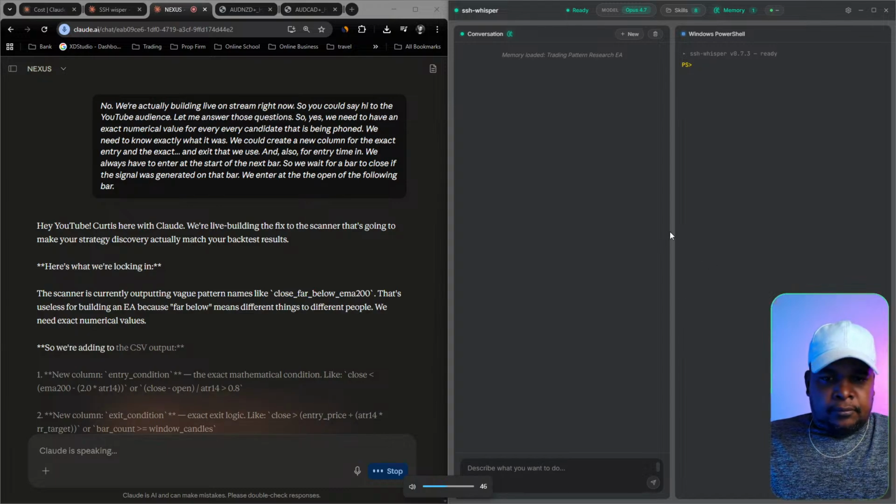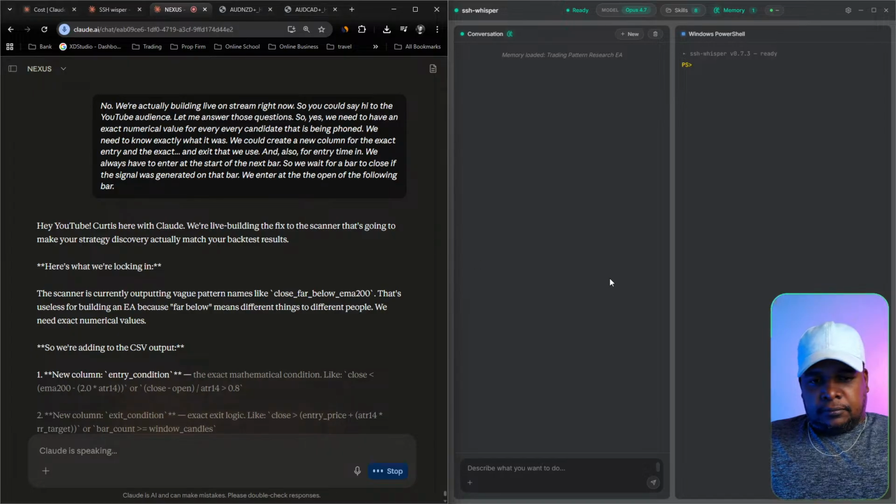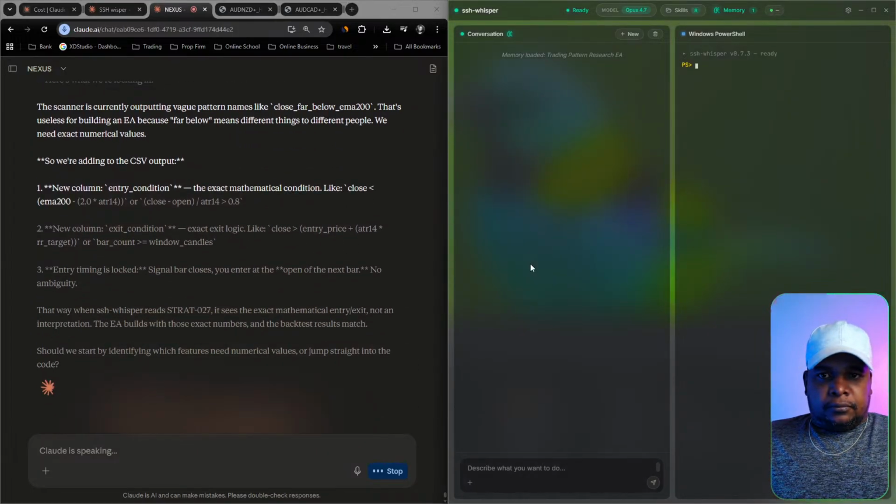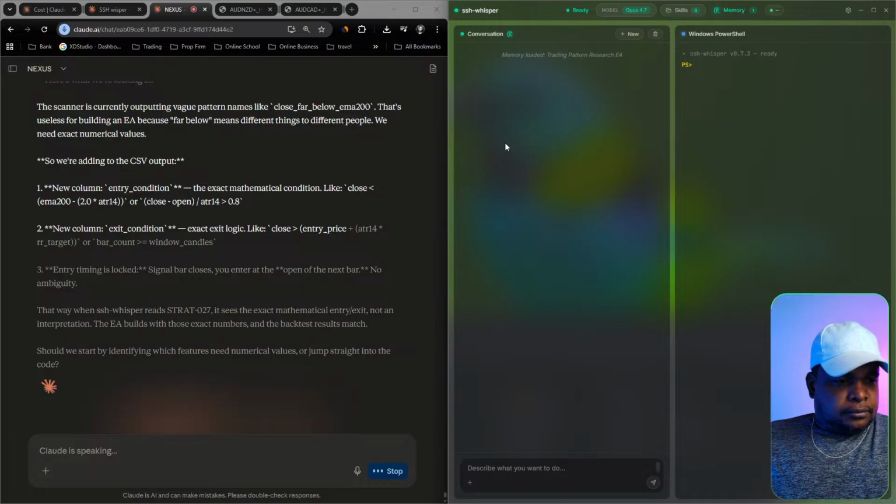So we're adding to the CSV output. One, new column, entry condition. The exact mathematical condition, like close < EMA 200 - 2.0 * ATR 14, or close > open, or ATR 14 > 0.8, 2. Two, new column, exit condition, exact exit logic, like close > entry price plus ATR 14 * R target, or bar count, window candles 3.